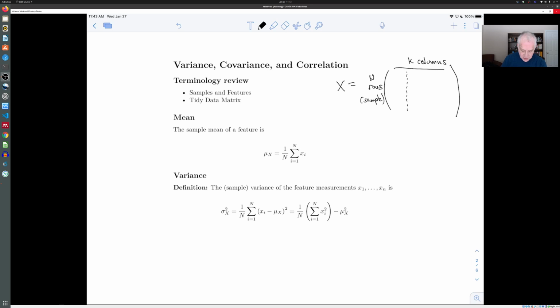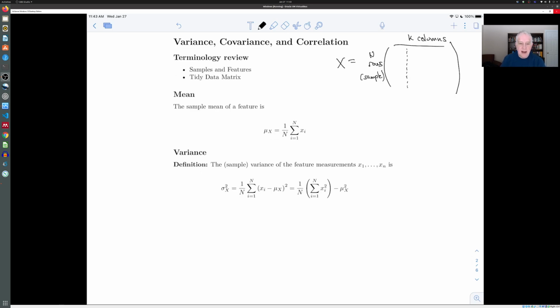So let me first of all remind everybody about the two really fundamental measures that you can make of a feature. The first is its mean or average value. So if we have a column of our data matrix x1 down to xn, then the mean is just the average value. And we've seen this before.